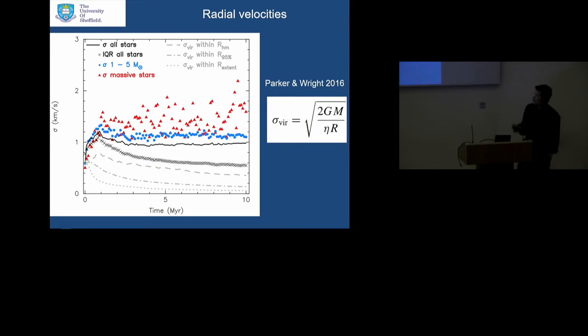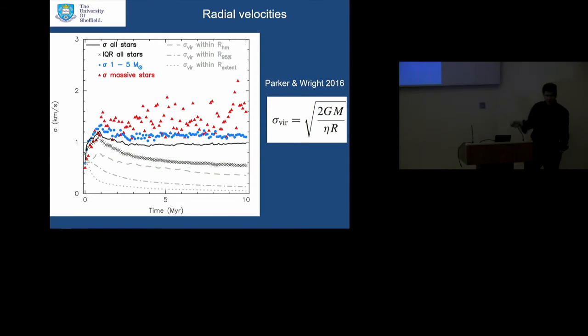There is a problem, however. In the simulations that I showed of the star-forming regions that collapse, you start off with subvirial velocities, and you collapse, all the stars interact with each other, and then you have a velocity dispersion that plateaus out at about 1 kilometer a second. However, the velocity dispersion that you'd estimate for the region to be in virial equilibrium from this simple formula gives a velocity dispersion down here.